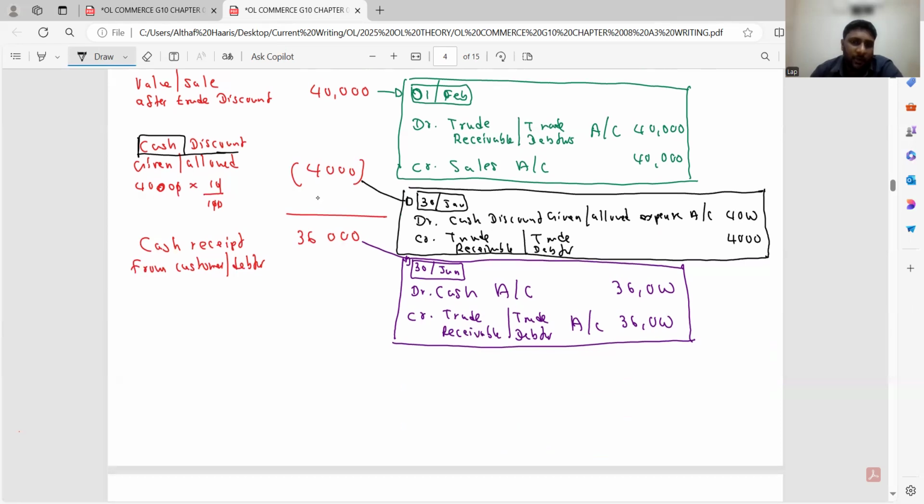So I'll just prepare the T accounts also. Here you have the trade receivable or debtor, sales account, cash discount given expense, and cash account.